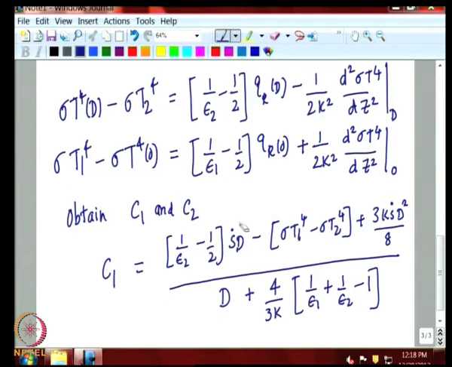So, you can see that there is no heat generation, this term drops out, this term drops out, okay, and you are left with these terms, and suppose you took epsilon 1 is 1, epsilon 2 is 1. So, even this becomes simple.